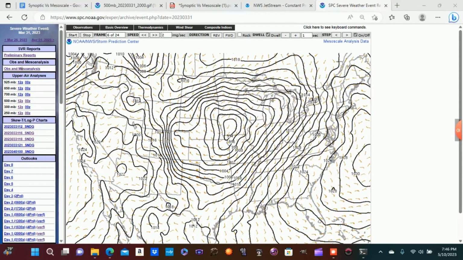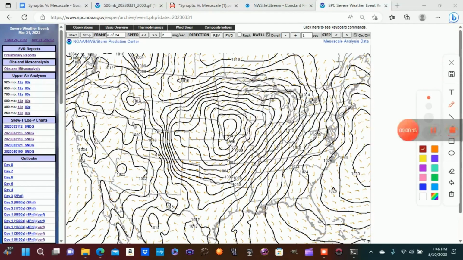And there's one more thing that I want to talk about on the mesoscale, and that's going to be prefrontal troughs or pressure troughs. They're interchangeable. They mean basically the same thing. What those are is basically tongues of lower pressure that aren't associated with any frontal boundaries. And so I see two distinct pressure troughs here.